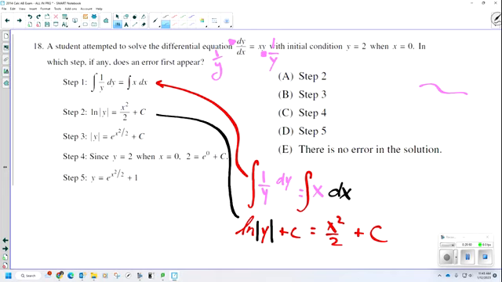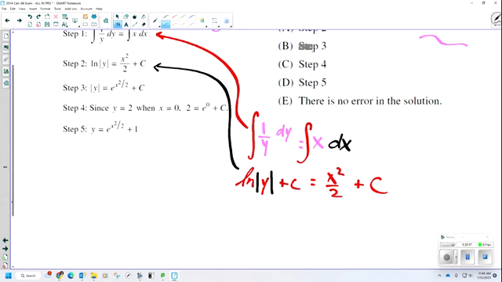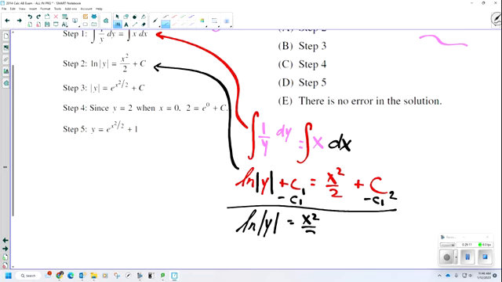In fact, you might say to yourself, it's not what we have there. Because let's call the c on the left c1 and the c on the right c2. They actually subtracted c1 from both sides. So I've got the ln of the absolute value of y equals x squared over 2. When I combine two constants, I'm going to get another constant. So that's really what we have for step 2.